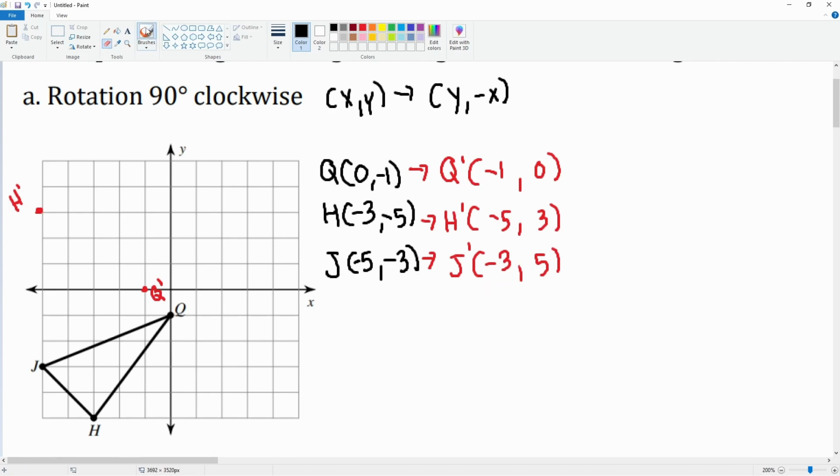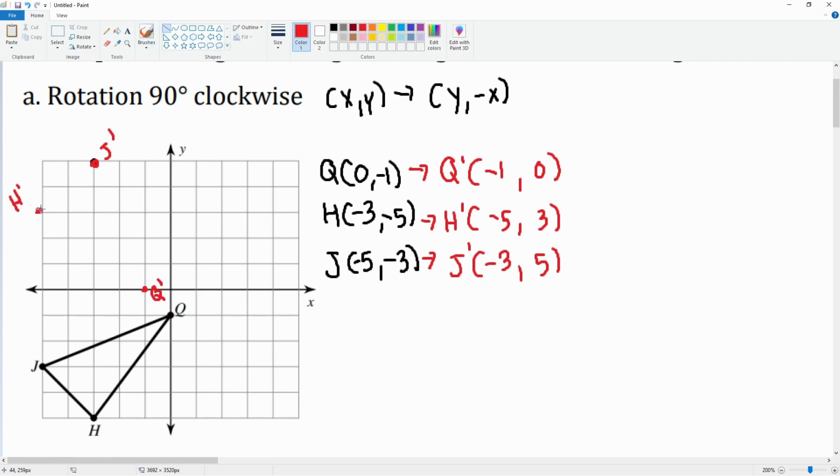So it was a -5 and it became a +5. Let's see if that looks right now. -3, 1, 2, 3, 1, 2, 3, 4, 5. That looks right now. So this is where J prime would be.